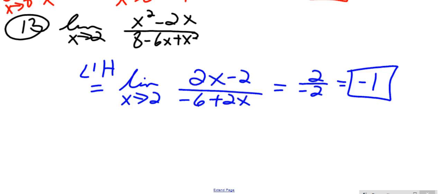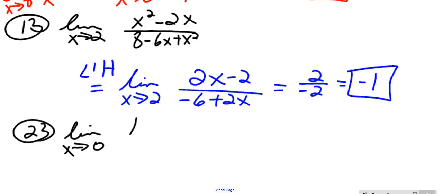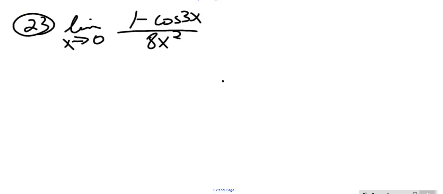I'm going to go ahead and do number 23. And 23 says the limit as x approaches 0 of 1 minus cosine 3x over 8x squared. So I'm going to go ahead and apply L'Hopital's rule.